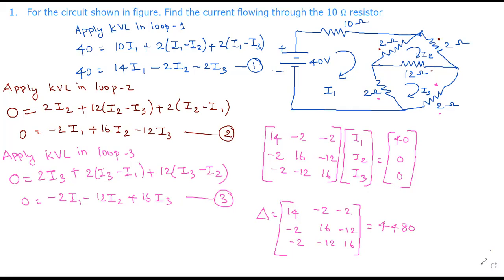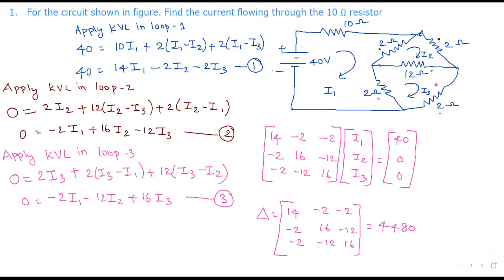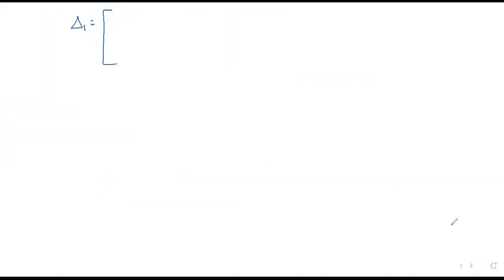Now, similarly, we have to calculate del 1. For del 1, we have to replace the first column, which is 14, minus 2, minus 2, by 40, 0, 0, with everything else remaining the same. So 40, 0, 0, and the second column as it is, minus 2.